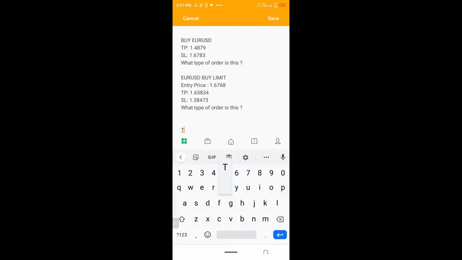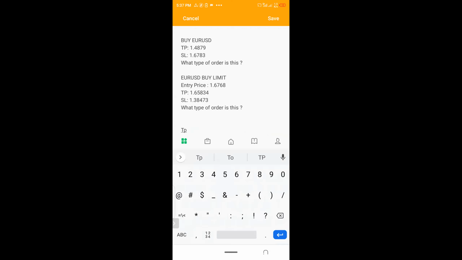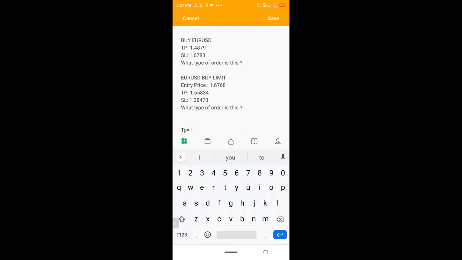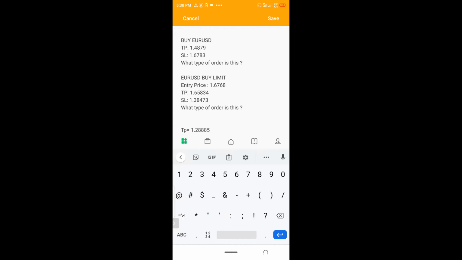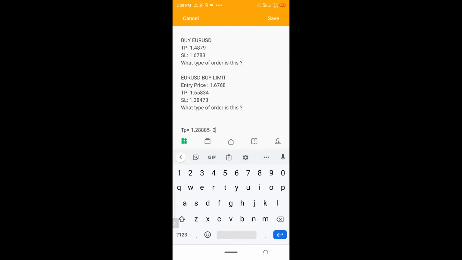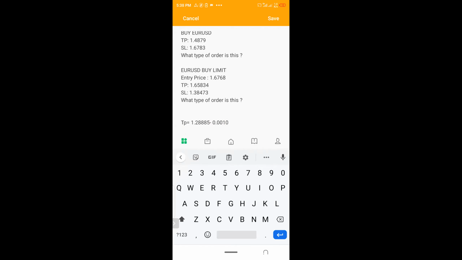It says that my TP is going to be 1.2885 minus 0.0010, which is 10 pips. What is my answer?